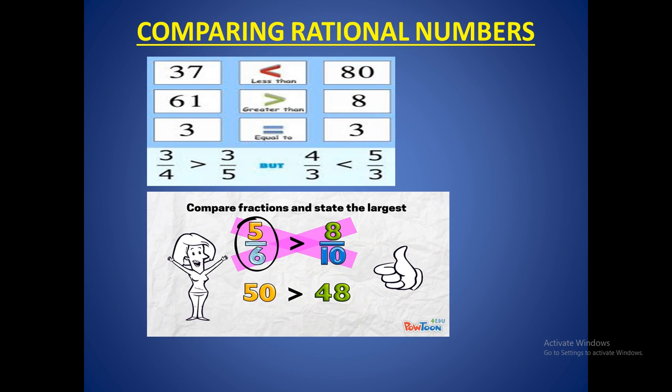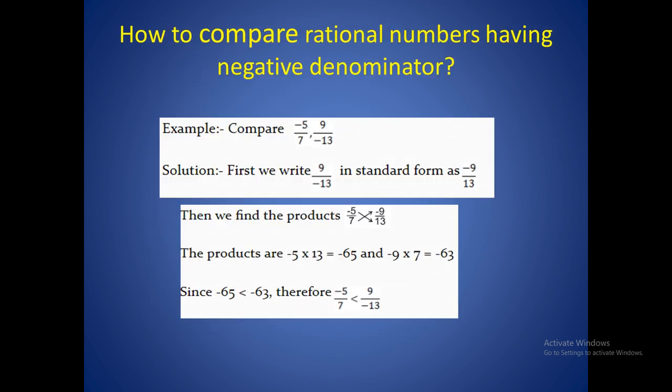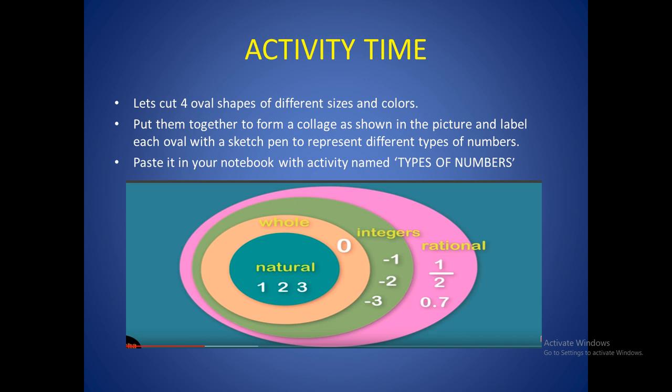In comparing rational numbers, we compare by the cross multiplication method again, and then we do a special case in which we have a negative denominator in the rational number. Okay, this all we did in our previous class.